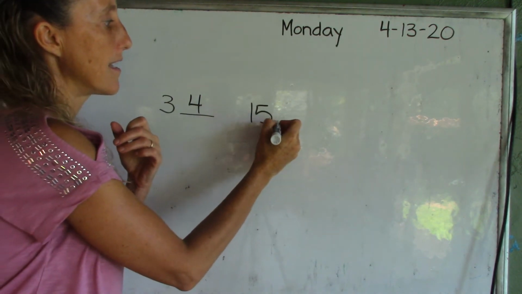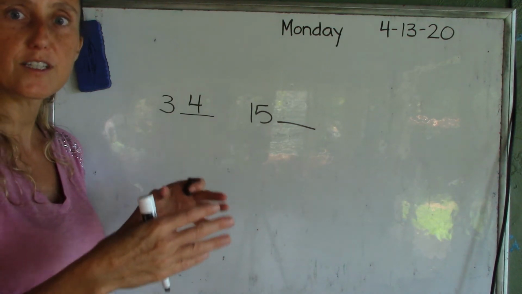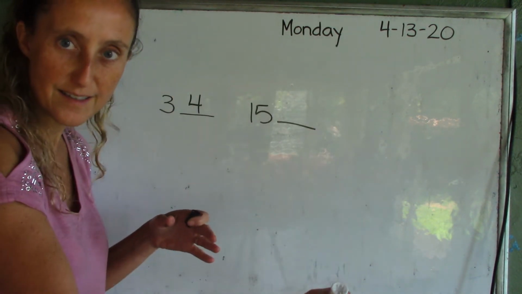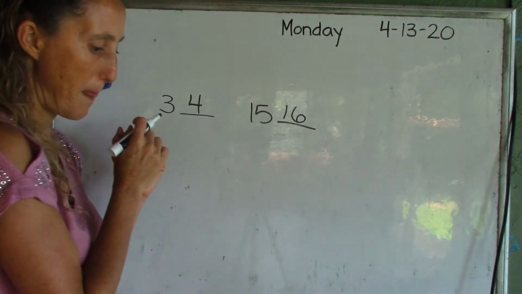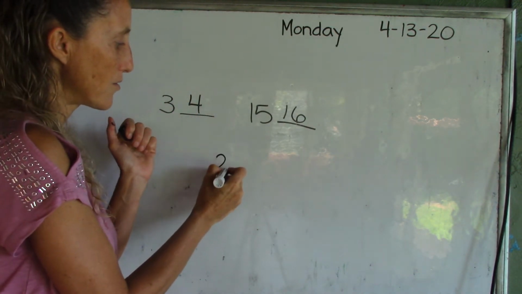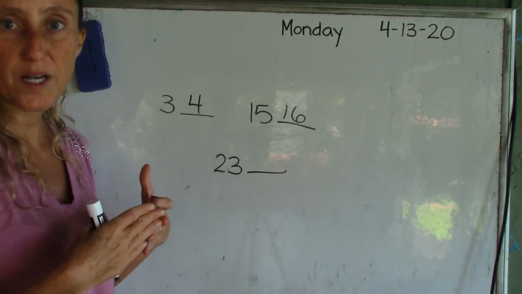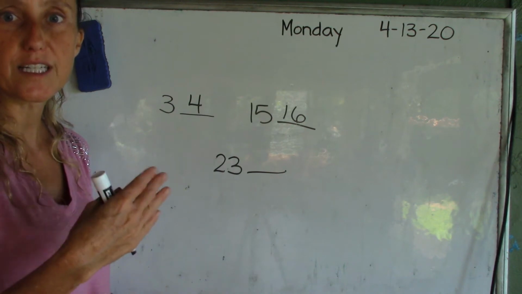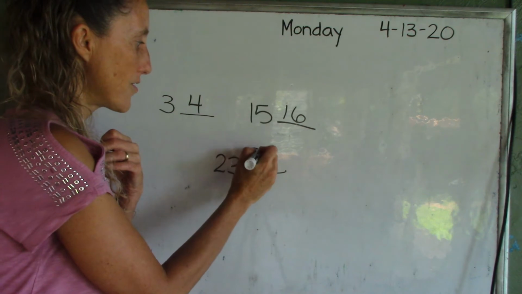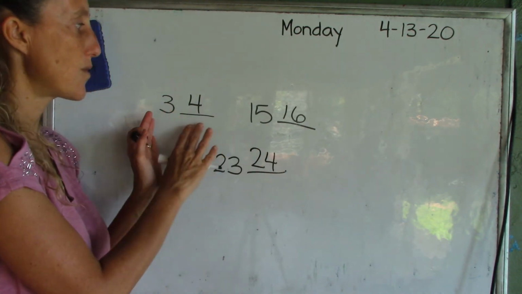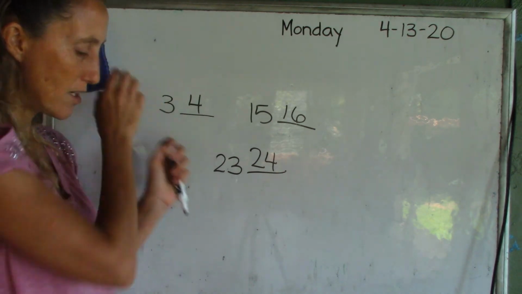If I'm counting 10, 11, 12, 13, 14, 15, you're right, 16 would be the number that would come next. Let's try a bigger number. What about 23? So if I'm counting in my 20s, 20, 21, 22, 23, right, 24. 24 would come next. So you're just writing the number that comes next after that number, okay? So that'll be on your page.